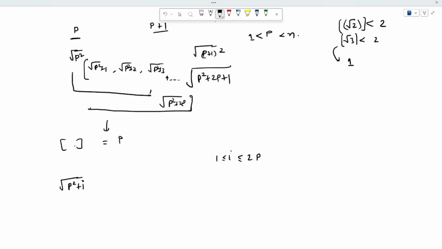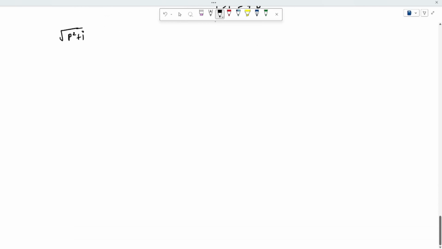So what we wrote above was square root of 1 plus square root of 2 plus square root of 3 plus square root of 4 till square root of n square.